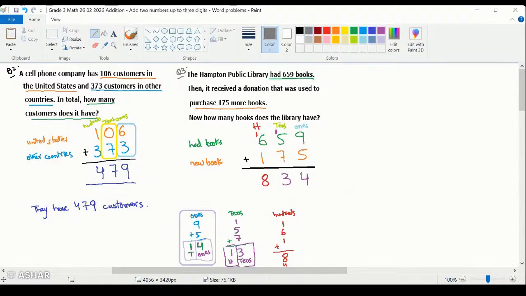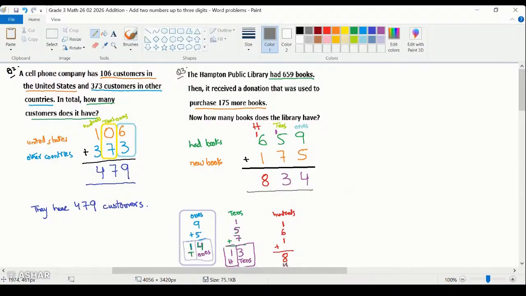Fortuna, Precious, and Semi. Can we recheck? 659 plus 175 would be equals to 834, right?